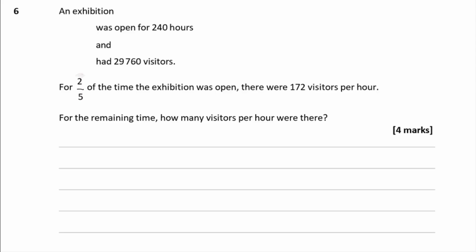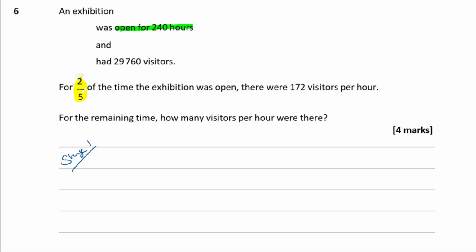So we've got two stages, haven't we? We've got the first 2/5, which has one particular rate of visitors per hour, and then we've got a second stage where we need to work out another number for the visitors per hour. So we're going to break it down into stage 1 and stage 2. For stage 1, it was 2/5 of the time the exhibition was open, and it was open for 240 hours.